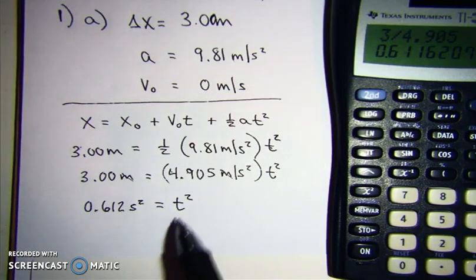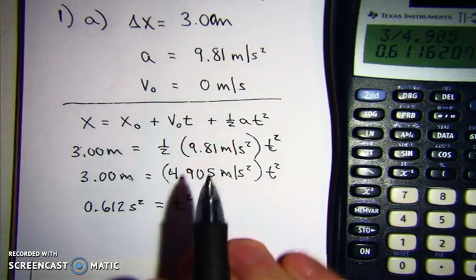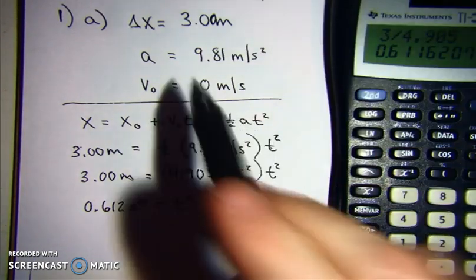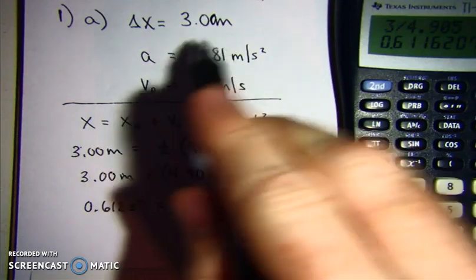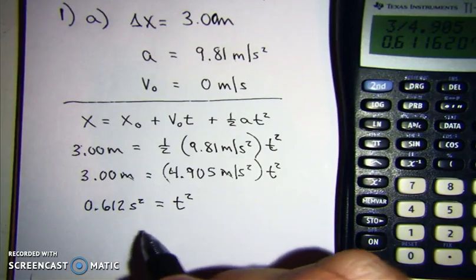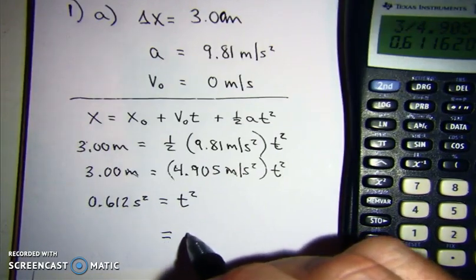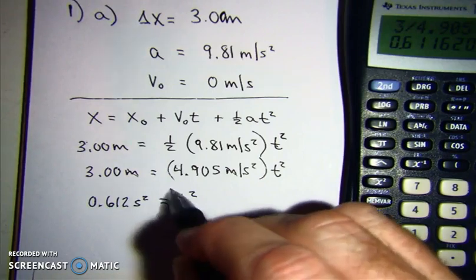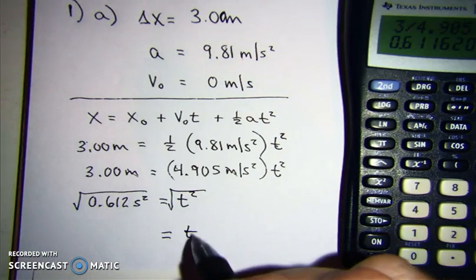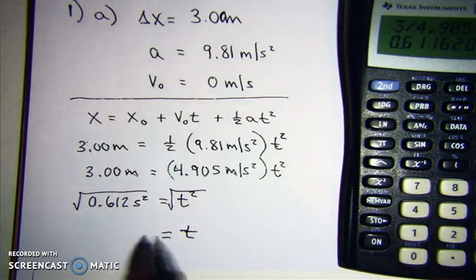And we don't want to know our time squared. We want to know the time it takes to reach the water if you jump off, or not jump off, but just step off of a 3-meter diving board. So let's go ahead and get the square root of both of these. Square root both sides, you end up with t. Square root of t squared is t.